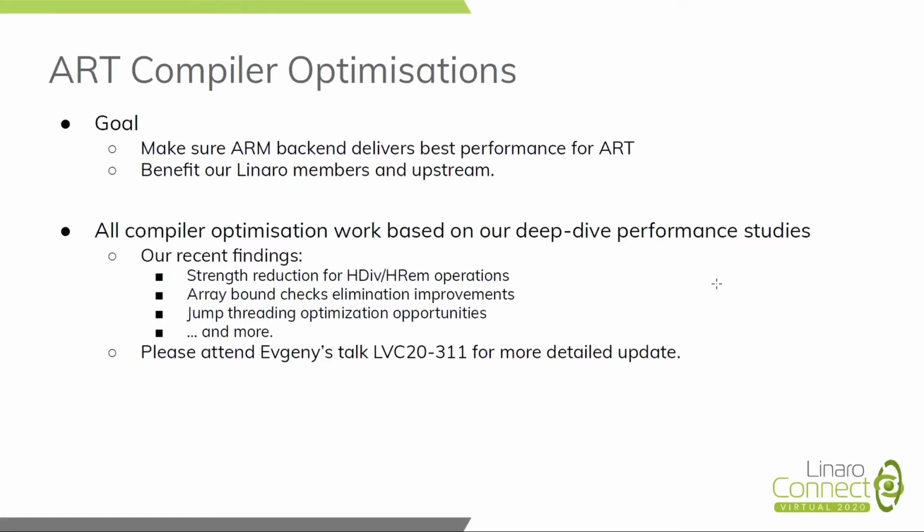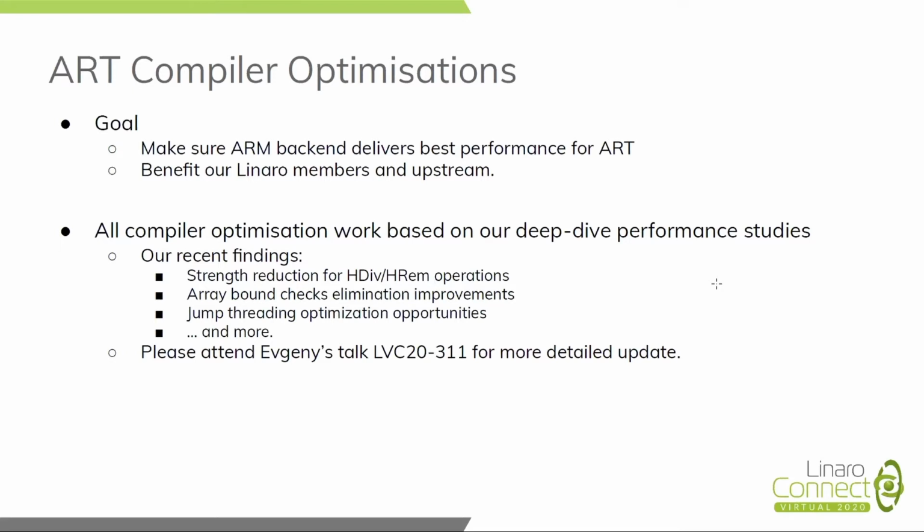Actually, we do not just do compiler optimization randomly. Once a year, we usually do a deep dive performance analysis on current workloads and find out the most valuable areas that we can optimize. Here's a sneak peek of our very recent findings on the ART workloads this year.